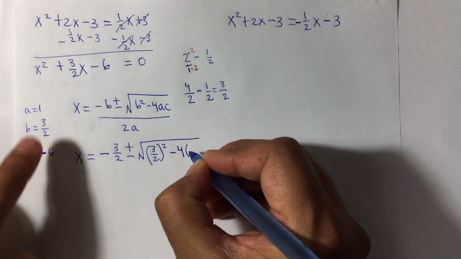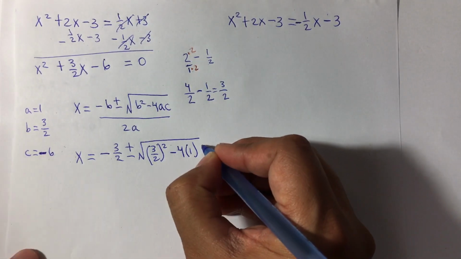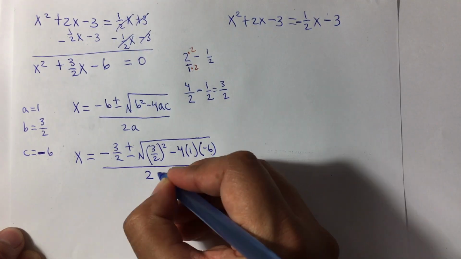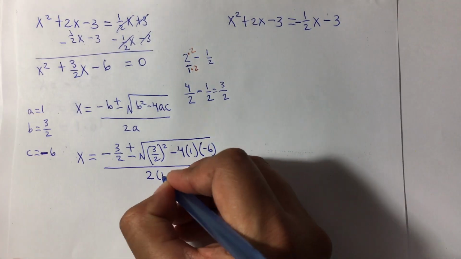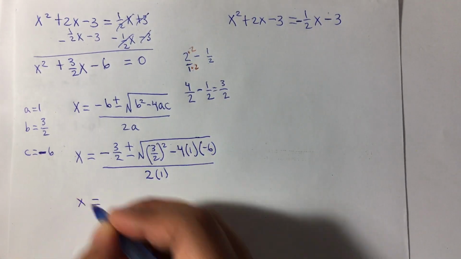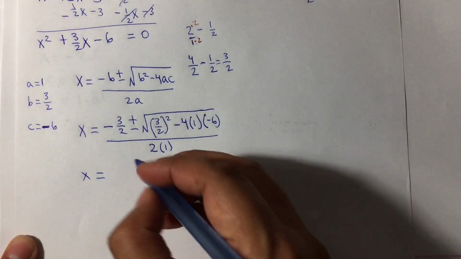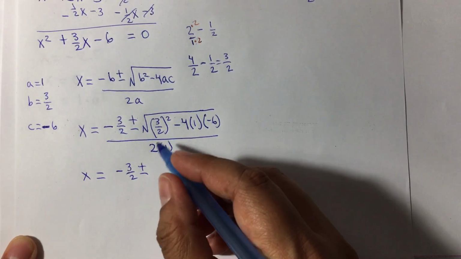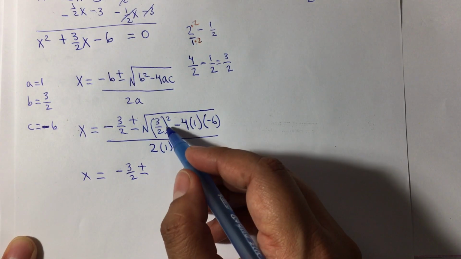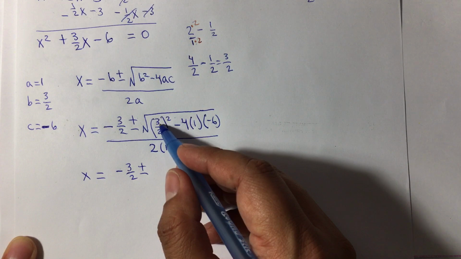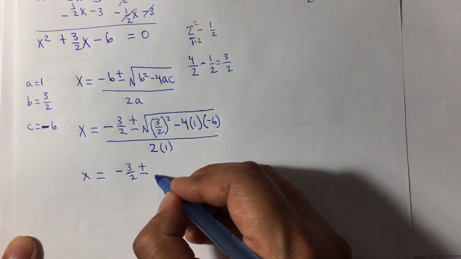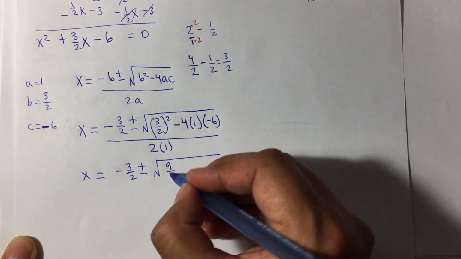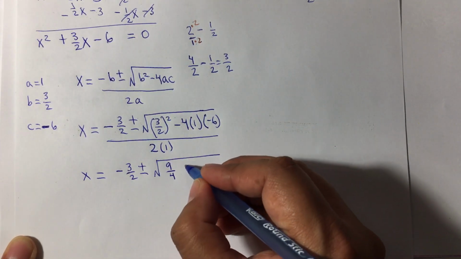Minus 4 times a, which is 1, c is -6, all over 2a, 2 times a, which is times 1. And so x is equal to -3/2 plus or minus, when we're squaring something like this, it's just going to be 3 times 3, 3 times 3 is 9, and 2 times 2, which is 4 for the denominator.